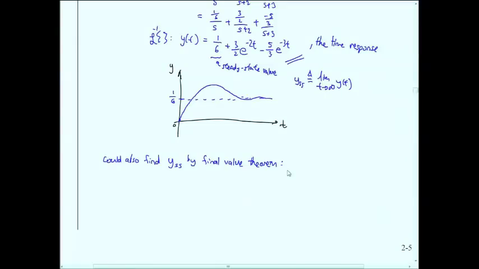And the final value theorem is at the bottom of the Laplace transform table, or very close to the bottom, which says that f of infinity, which is the same as the limit as t approaches infinity of the function f, is equal to the limit as s approaches 0 of s times the function in the Laplace domain. So instead of doing a limit in the time domain, you could do a limit in the Laplace domain to find the final value or steady state value.